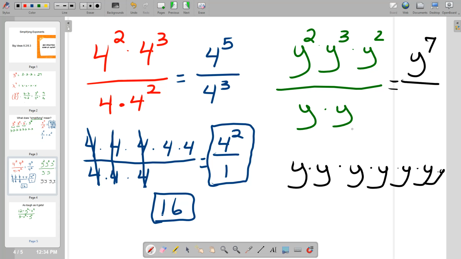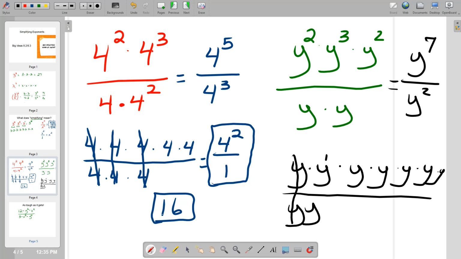And the bottom has already been written out, so I have just 2 y's on the bottom, or y squared. Again, I simplify every identical term, because dividing by itself is equal to 1. And I would get y to the 5th on the top and nothing else on the bottom. You could also write this as y to the 5th divided by 1.